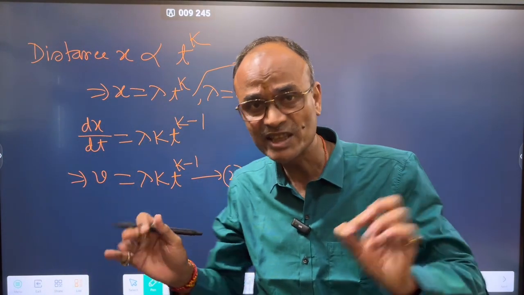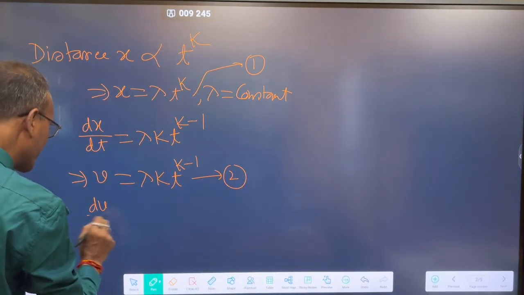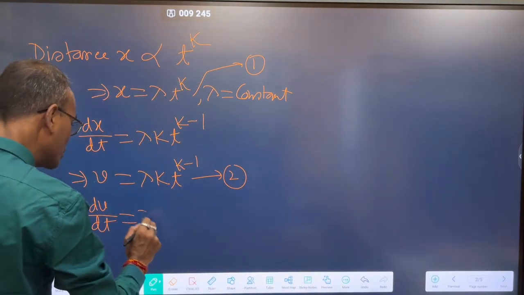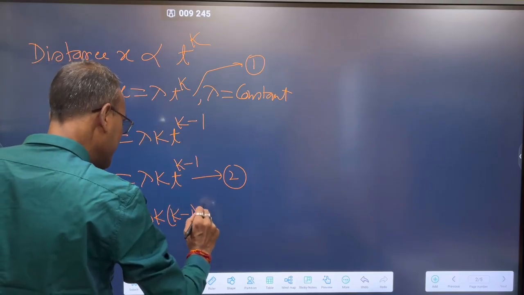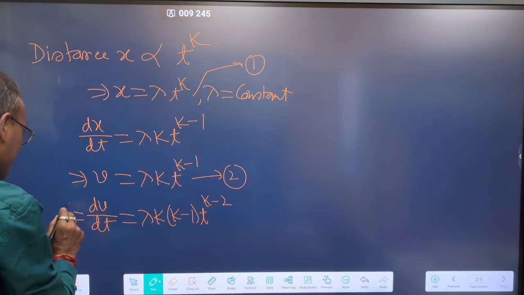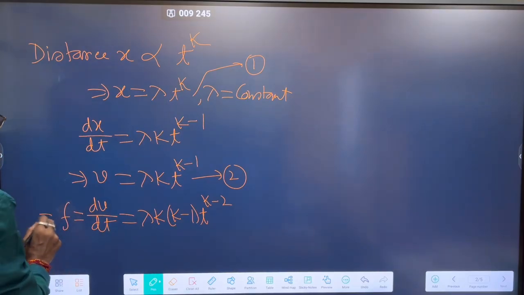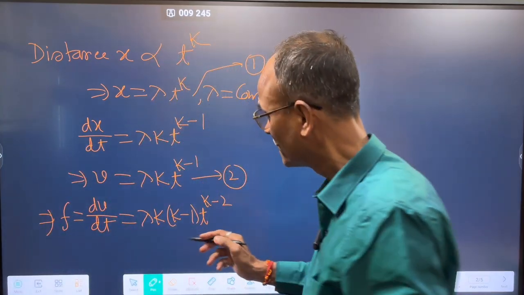Now again differentiate with respect to t. You will get dv by dt equals lambda k into k minus 1 t to the power k minus 2. What is dv by dt? It is the acceleration f. Rate of change of velocity is acceleration.